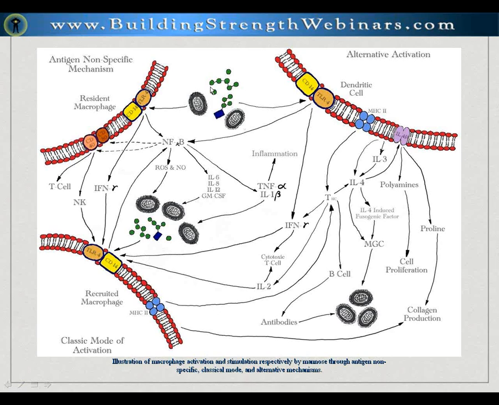And the take-home lesson here is the macrophage has all of these receptors built to recognize polymannans. And when they recognize them, they have a set course of reaction. Like the antigen nonspecific mechanism deals with these resident macrophages we just talked about, like the Kupffer cell.